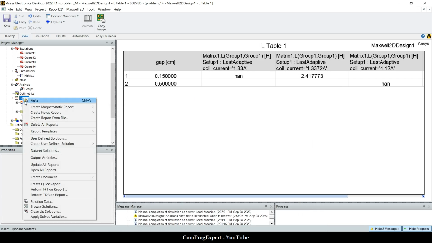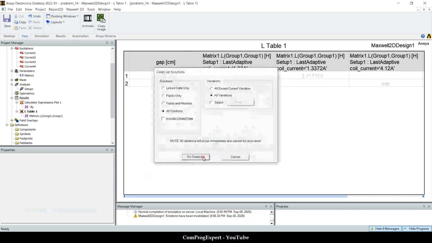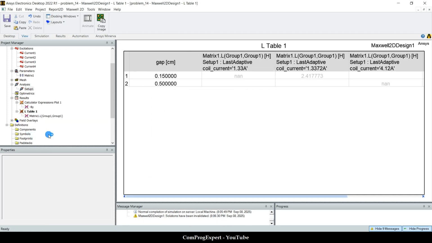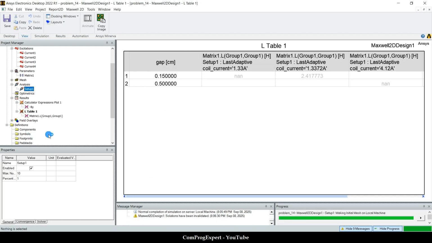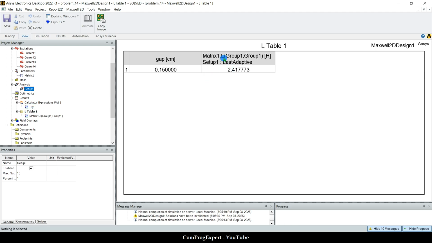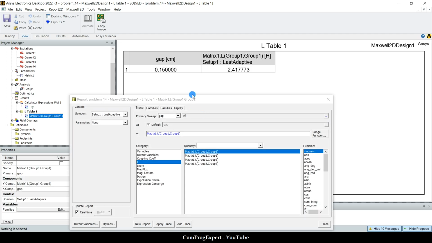Let me clean up all previous solutions and just run the simulation for the last parameters that we have set. So in this case, you can check the value of the self-inductance, 2.4. But we didn't consider the depth.